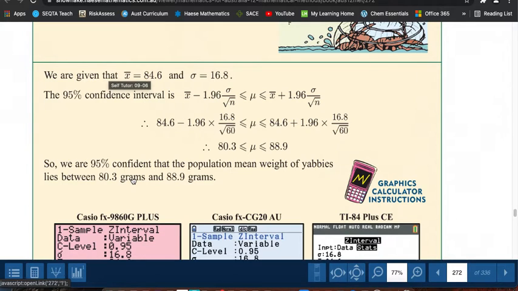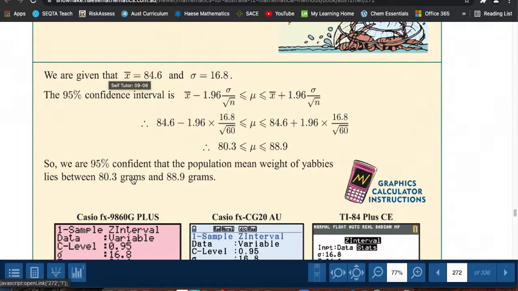Okay? What it's saying is the chances of us pulling that sample out from a population and knowing the standard deviation and getting a value that is 84.6, that's way below what the real mean is, is pretty low. Okay?